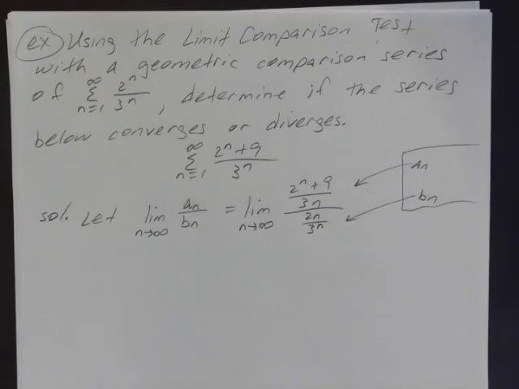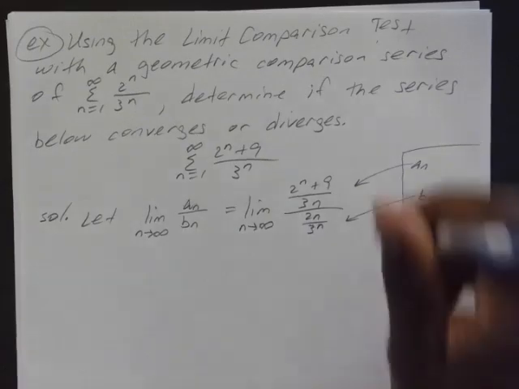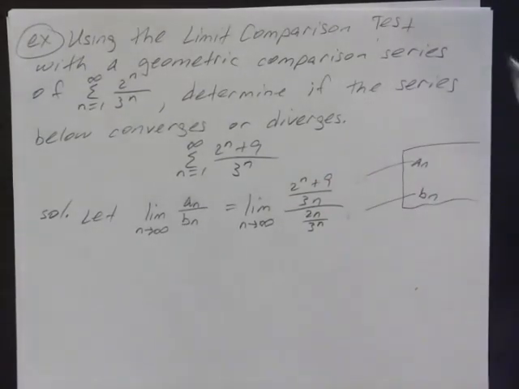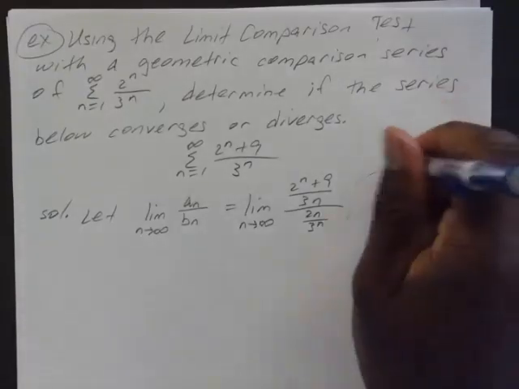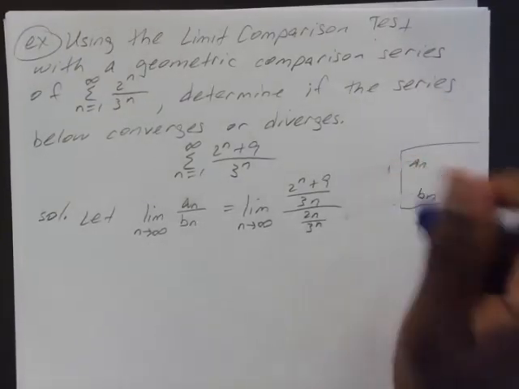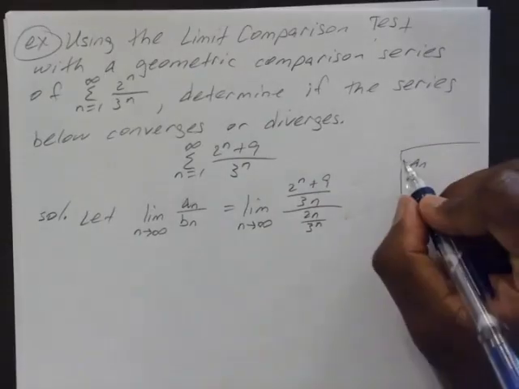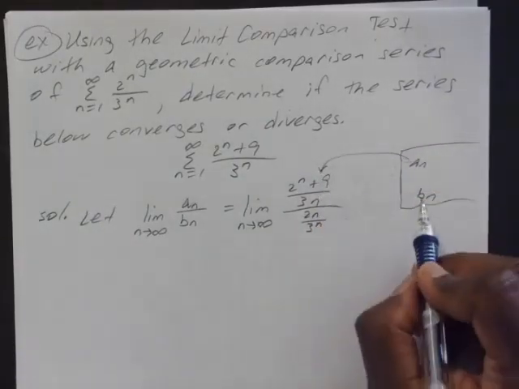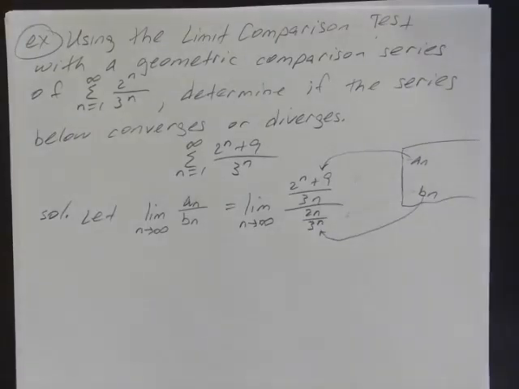Okay, so of course now we want to simplify it. So I'm going to have to shorten up my arrows a little bit. Actually, I'll just move them around because I don't want to have to rewrite the whole thing. So this is our a sub n and this is our b sub n.